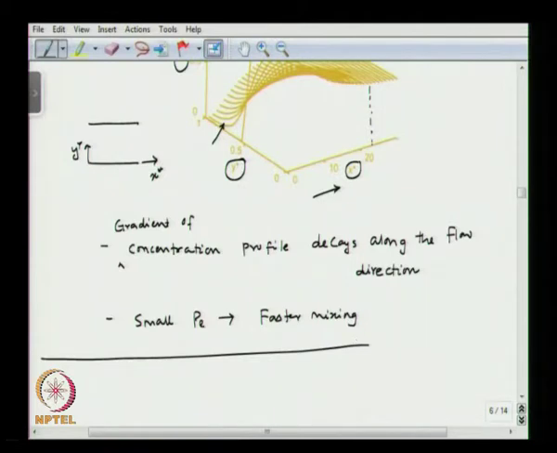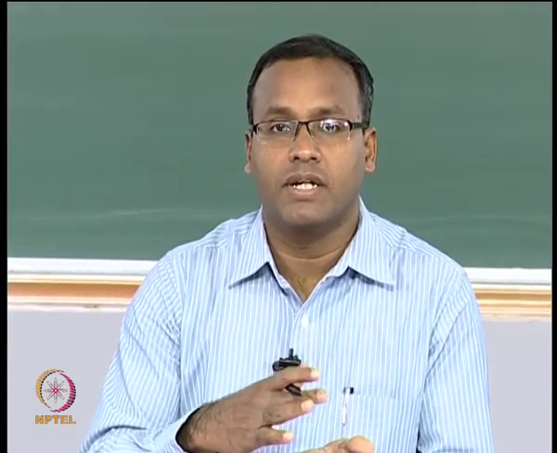So, we consider a case where we have two parallel fluids trying to mix with each other along a channel, and we observe that the gradient of the concentration is going to be very high at the beginning of the channel, and along the direction of the flow, along the x direction, the gradient is going to reduce, and at some point the gradient along the y direction is going to be 0, that is where the complete mixing would have occurred.